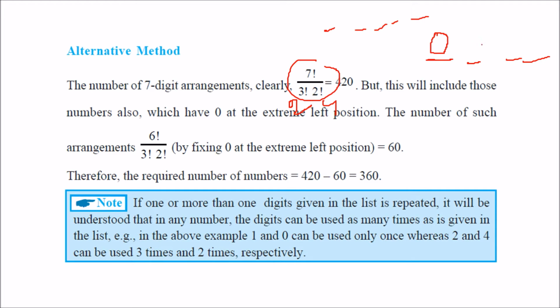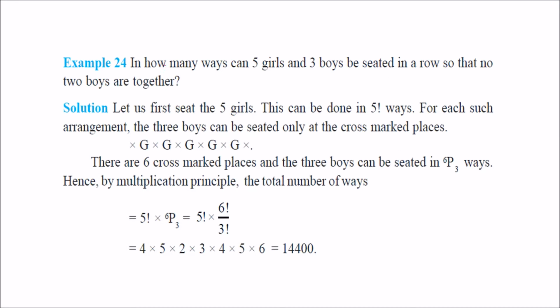So we have to remove this from the computed value. What we'll do is factorial 6 by factorial 3 factorial 2, because we have fixed the first position as 0, so we are left with 6 positions. So 60. 420 minus 60, because you have to remove those which have 0 at the start. Then just subtract it, you'll get the answer.